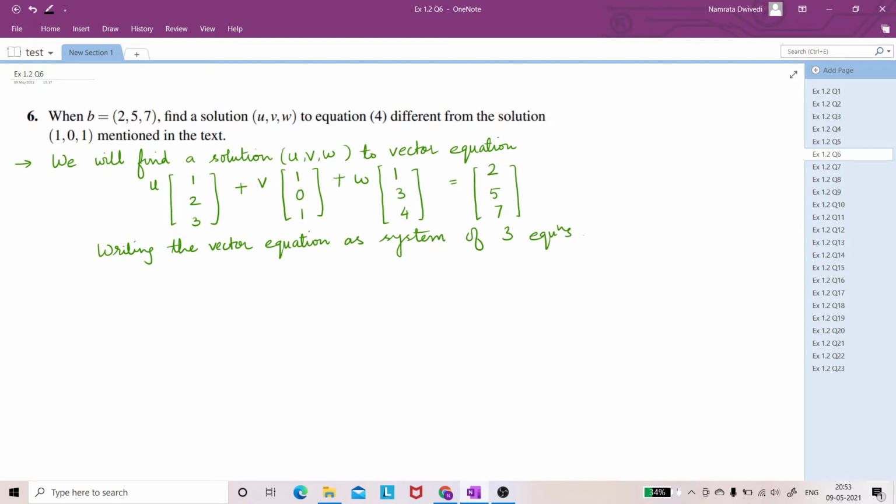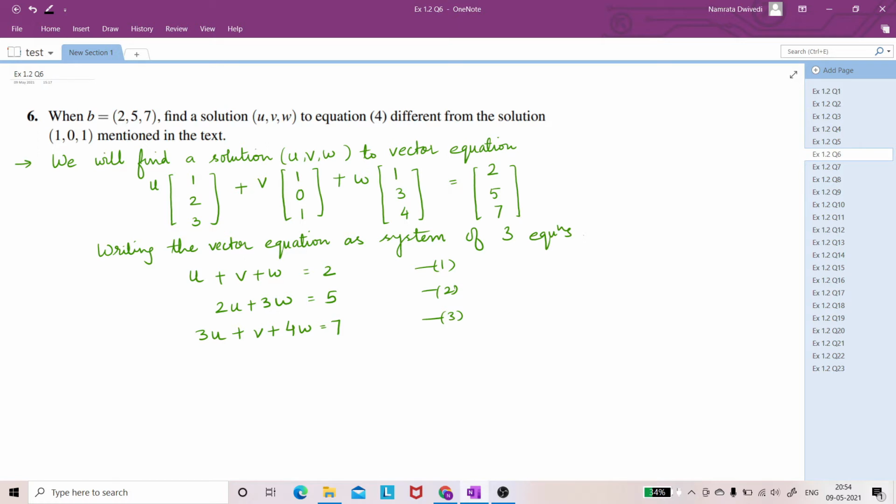So what we get are the equations u plus v plus w equals 2, then 2u plus 3w is equal to 5, and 3u plus v plus 4w equals 7. So this is 1, 2 and this is 3.